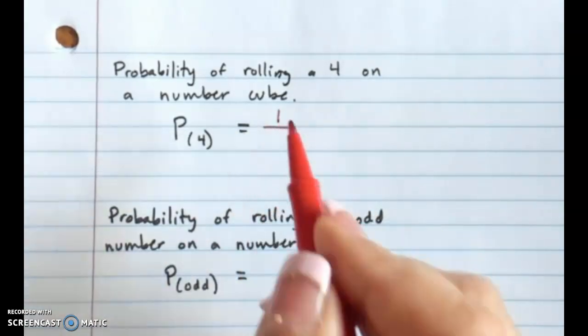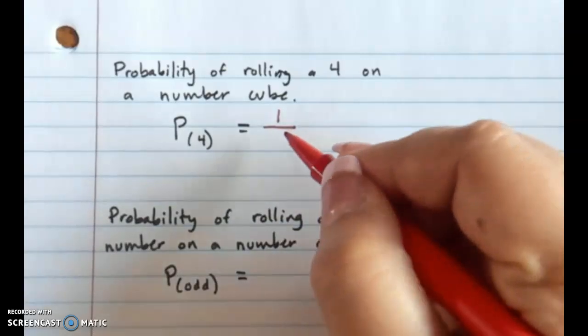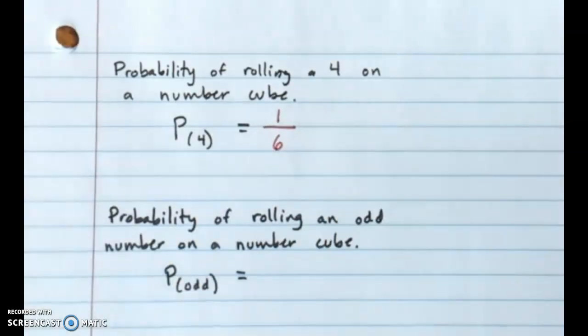There's only one way to roll a 4 on a number cube because a number cube only has one side that has the number 4, or the 4 dots on it. However, there are 6 possible things that could happen. We could roll the 1, the 2, the 3, the 4, the 5, or the 6. So the probability of rolling a 4 on a number cube is 1/6.